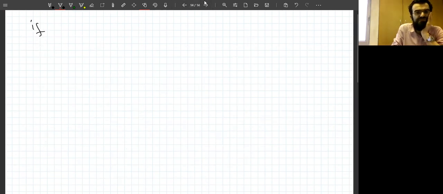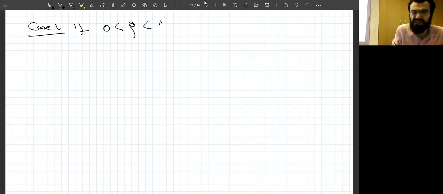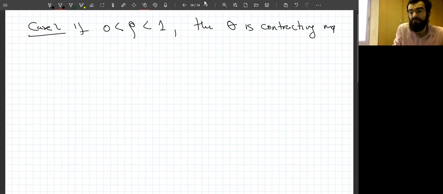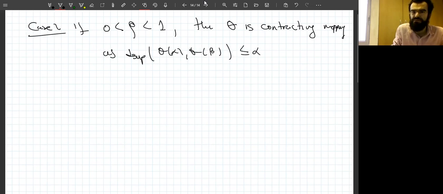Case 2: if this thing here is strictly less than 1, then theta is a contractive mapping, as d sub infinity of theta alpha, theta beta is less than the constant times d sub infinity of alpha, beta, for all alpha, beta in here.